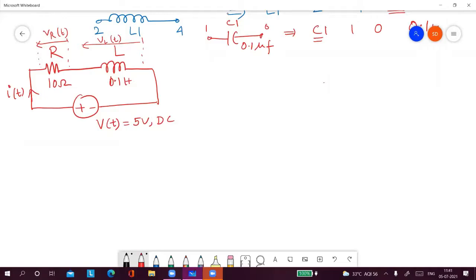Okay. So first, let us write the SPICE program. Let us write the title first: RL circuit analysis. This is the title line, then the circuit description.